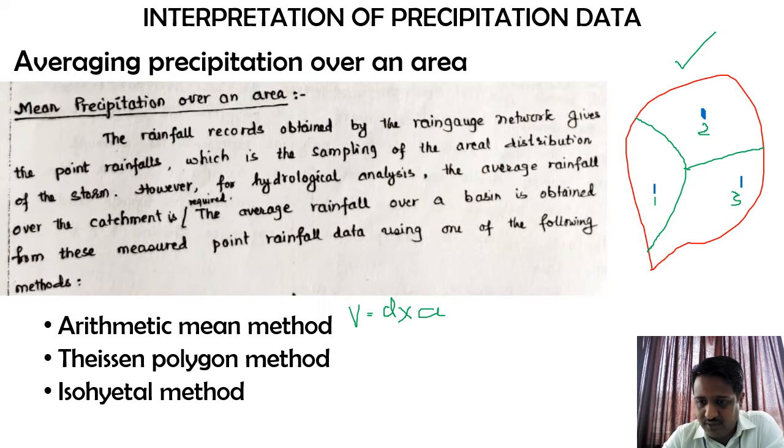For this particular example, the total volume V is equal to D1 into A1, plus D2 into A2, plus D3 into A3.